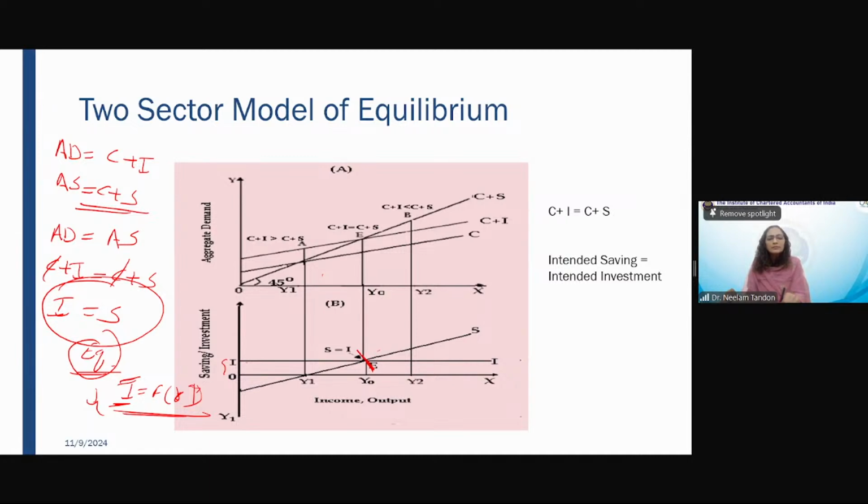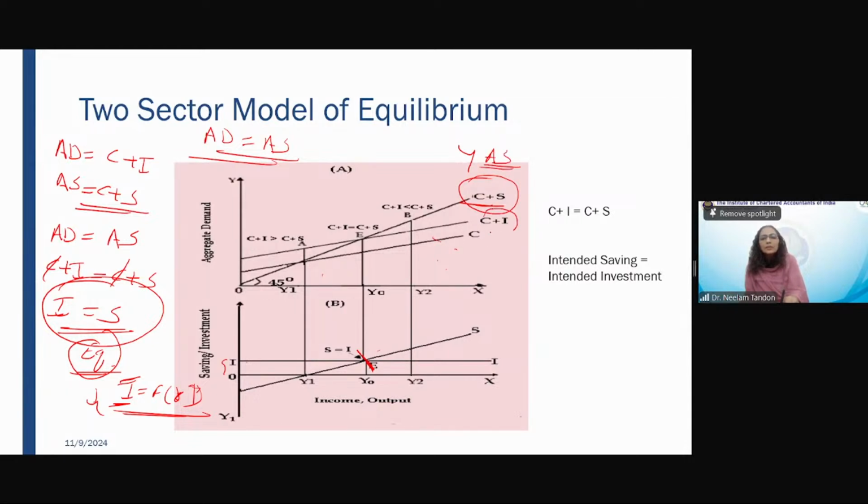Now the lower panel is establishing the relationship between investments and savings, and the upper panel is establishing the relationship between aggregate demand and aggregate supply. In this case you see this C plus S, this is Y, aggregate supply.